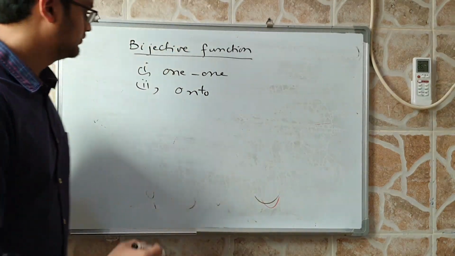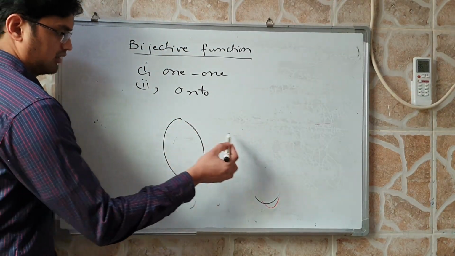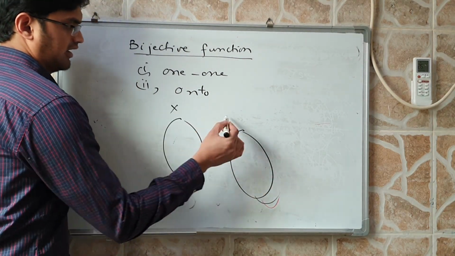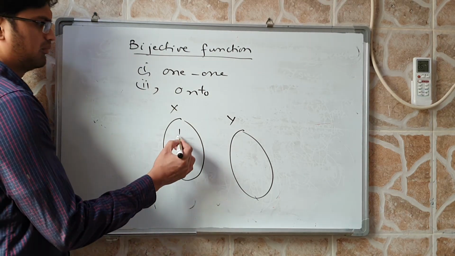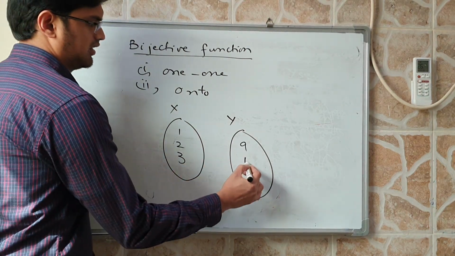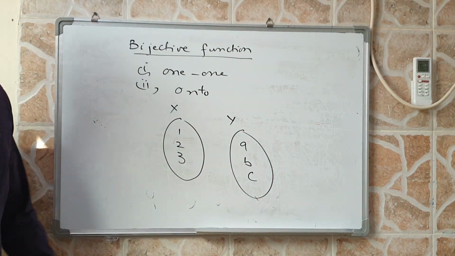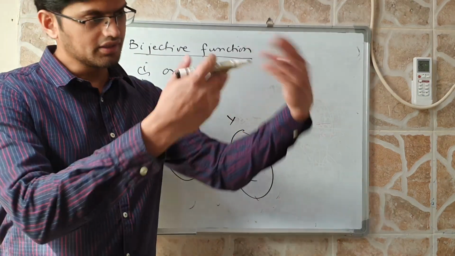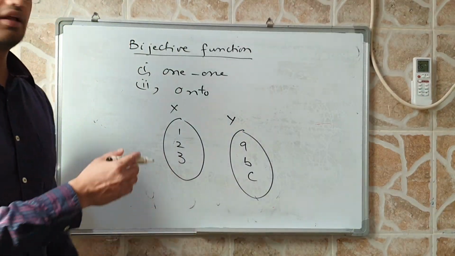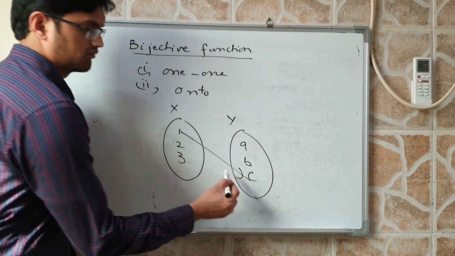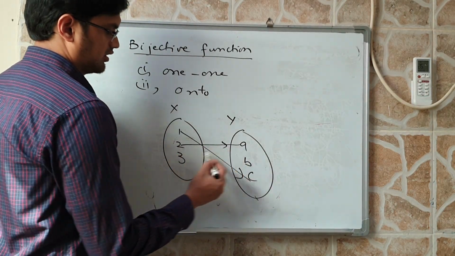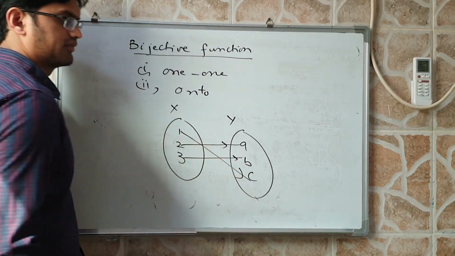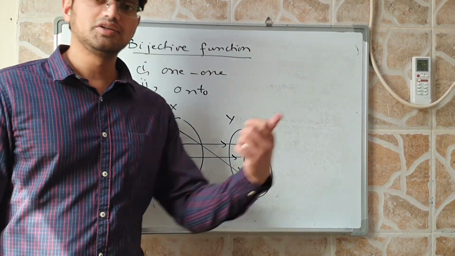For example, I'll take X and Y. I have taken simple 1, 2, 3, A, B, C. Simple examples we'll take. Let us start associating. Let us say 1 I associated with C. Our wish, no problem. 2 I associated with A. 3 I associated with B. So now, is it 1-1?